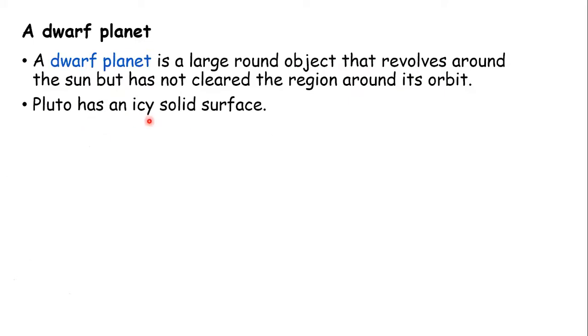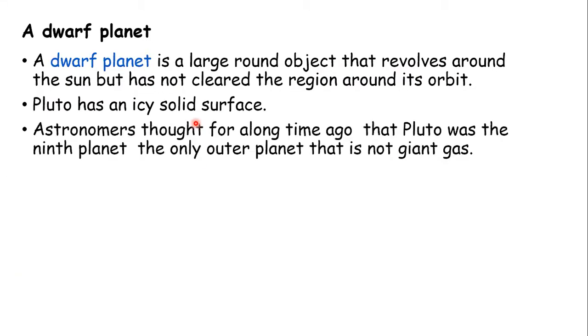Pluto has an icy solid surface. Now I'll show you the picture. Astronomers thought a long time ago that Pluto was the ninth planet, the only outer planet that is not a giant gas. It has an icy solid surface.